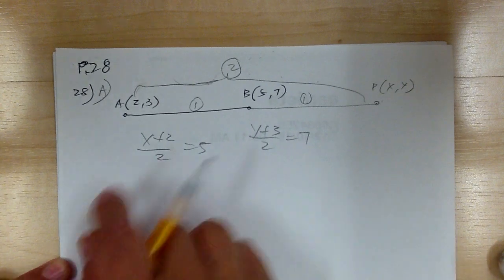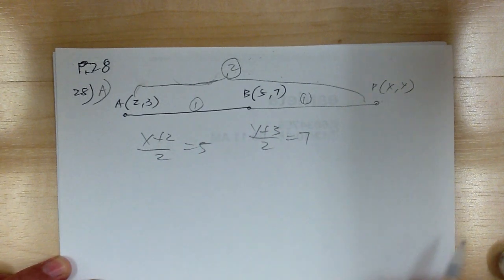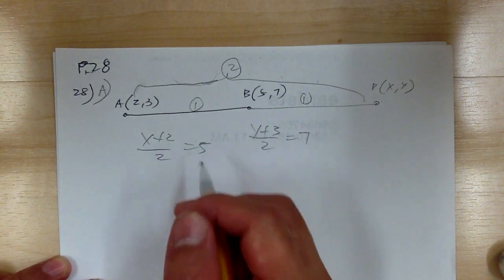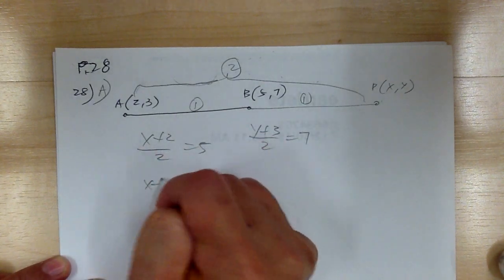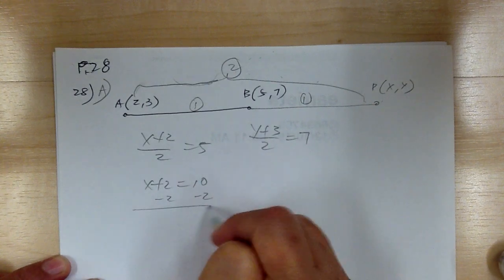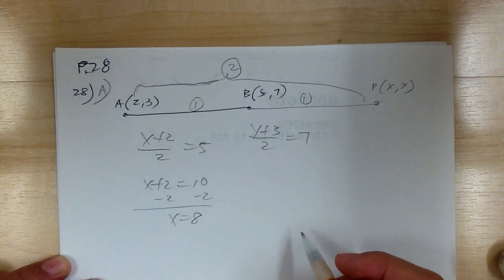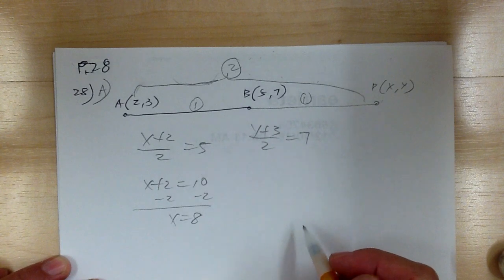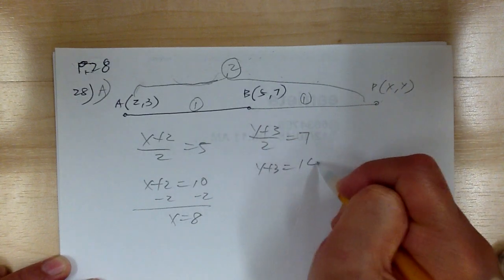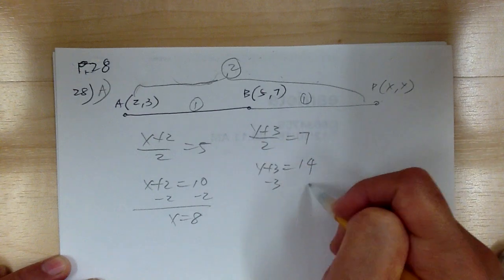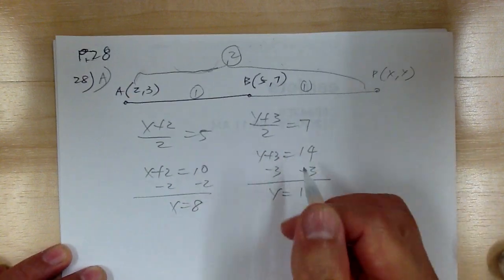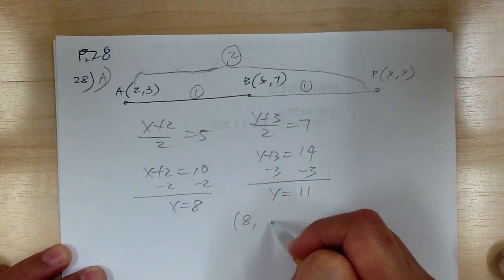When you work it out, you get x plus 2 equal to 10, minus 2, so x equals 8. Multiplying, you get y plus 3 equal to 14, minus 3, so y equals 11. So for part A, you're going to get (8, 11).